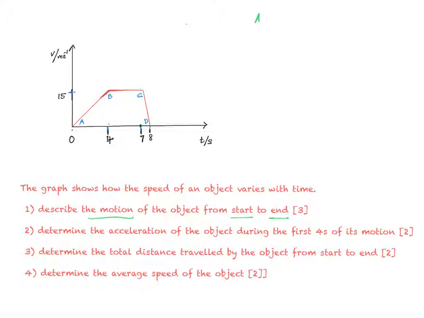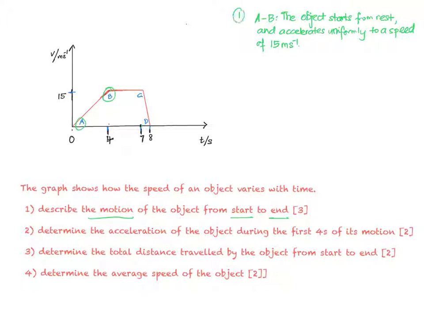From A to B, you can say that the object starts from rest, and then you can see it's a straight line, which indicates it's accelerating uniformly to a speed of 15 meters per second. So that's from A to B.